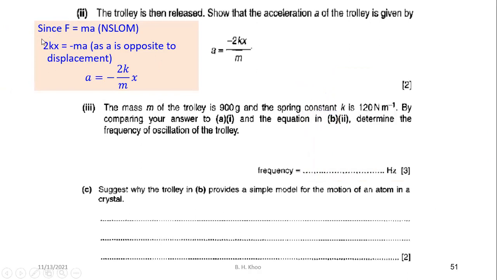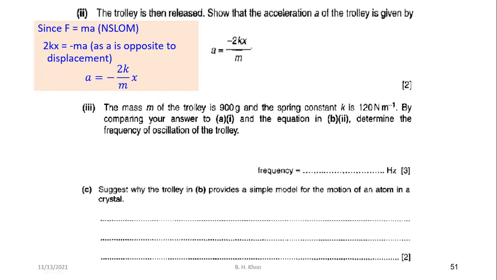We already got the resultant force. Remember the force and the displacement: the displacement is to the right, positive, the force is to the left, negative. That's why you put a negative sign there. Now we want our acceleration, so take M down, take the negative sign across. So we got that equation. That's what we are supposed to show.